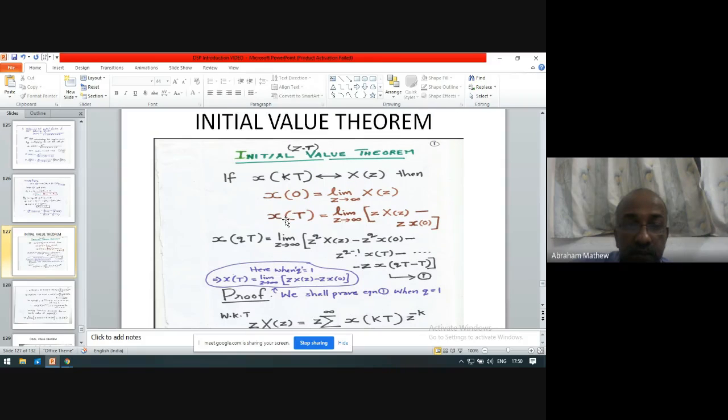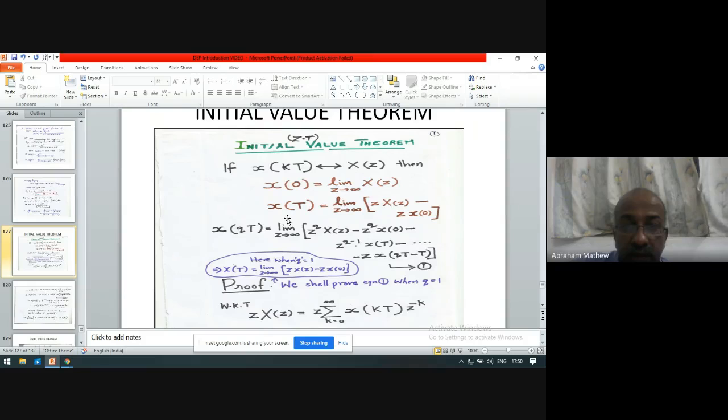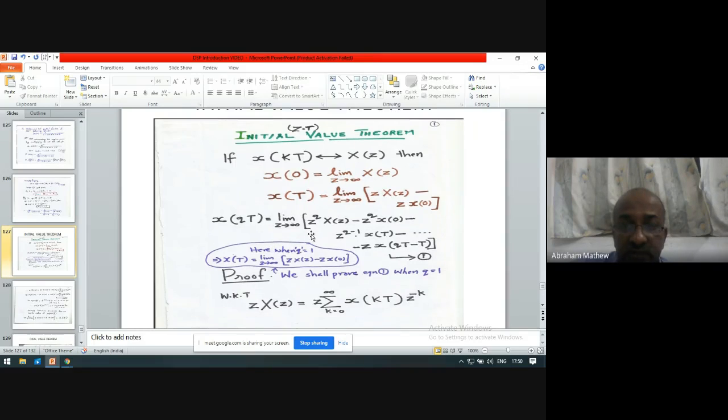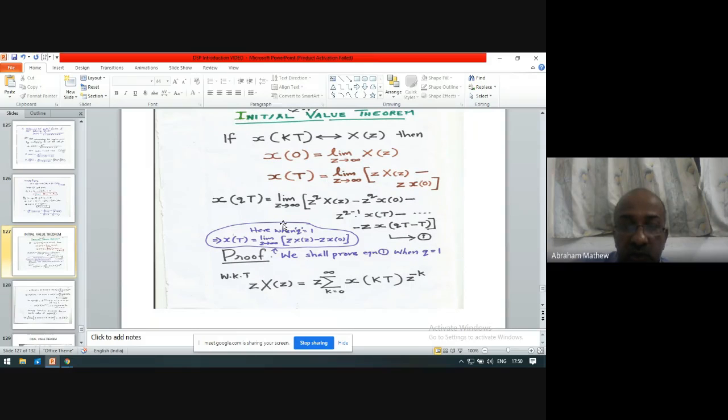Another important topic in this unit is the initial value theorem that is associated with Z transform. That is, if x of t has the transform X of z and x of 0 is equal to limit z tends to infinity X of z, then x of t is equal to limit z tends to infinity of the z transform X of z minus the z transform of x of 0.